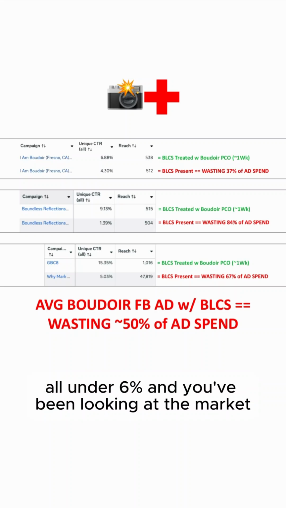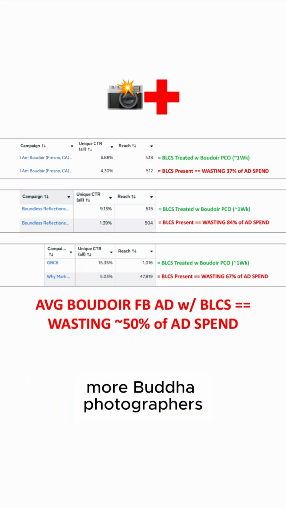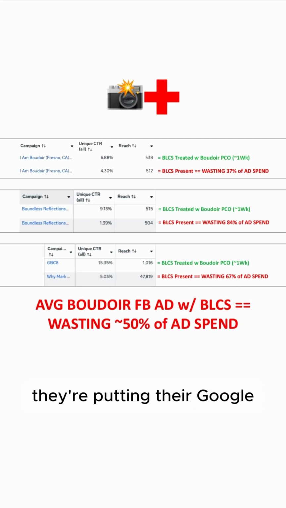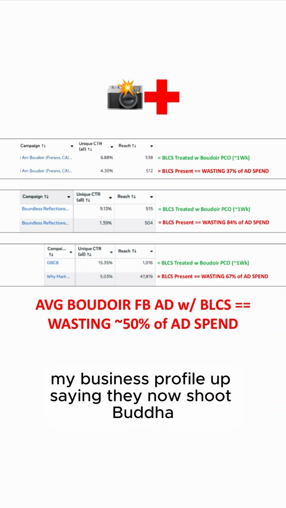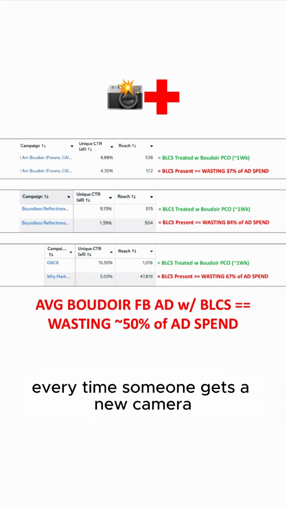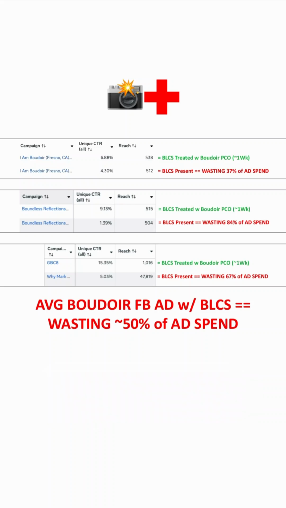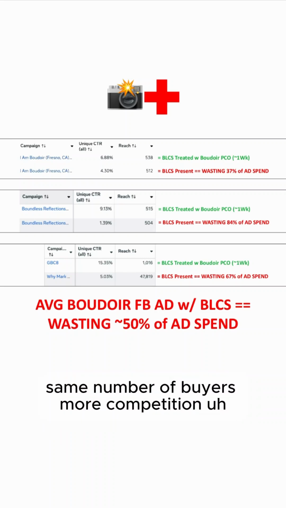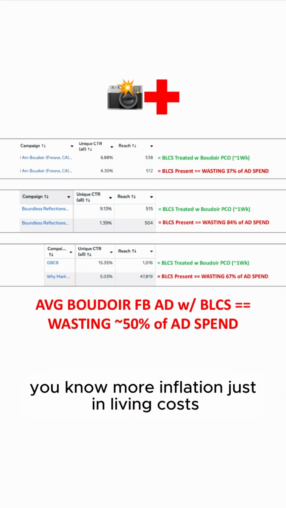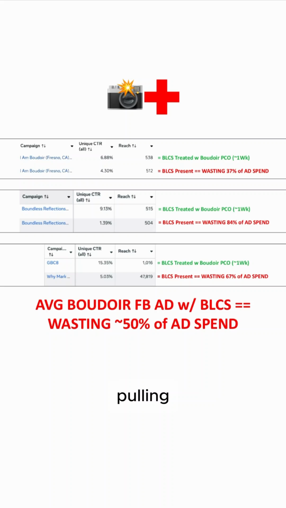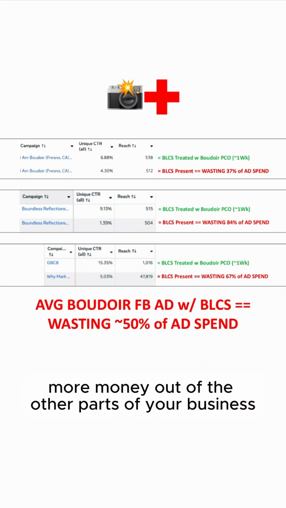And you've been looking at the market, seeing it get more and more saturated, more Boudoir photographers. Every time someone gets a new iPhone, they're putting their Google My Business profile up saying they now shoot Boudoir. Every time someone gets a new camera, they're posting in the mom groups saying they now shoot Boudoir. So more saturation, same number of buyers, more competition. You're seeing more inflation in cost of living, and you're optimizing, pulling more money out of the other parts of your business.